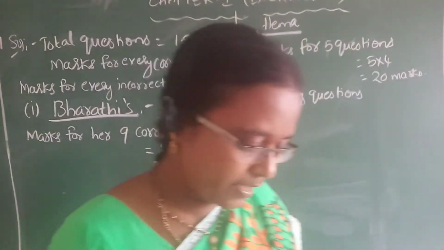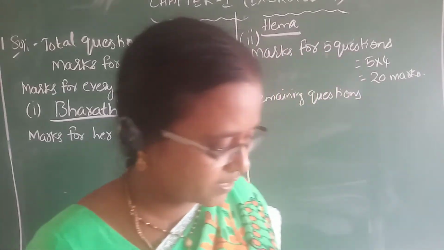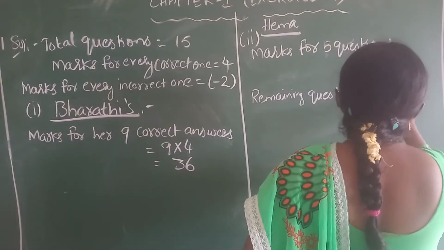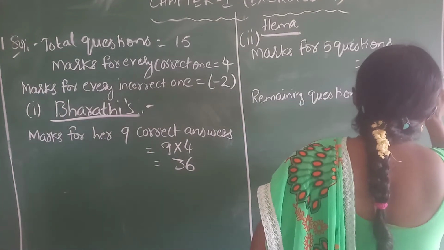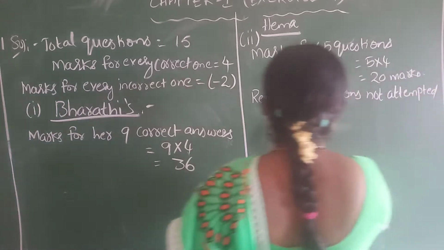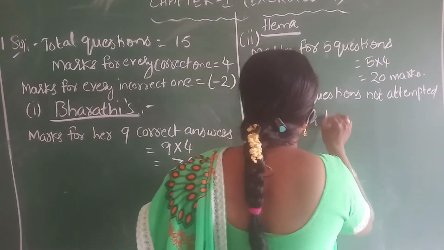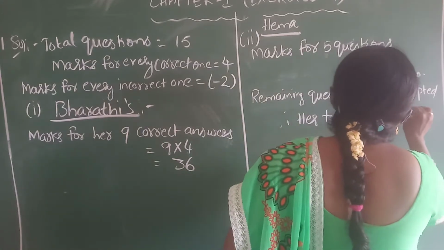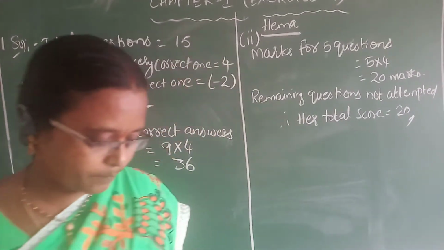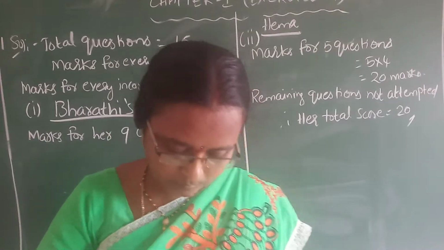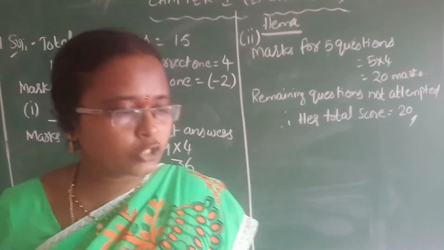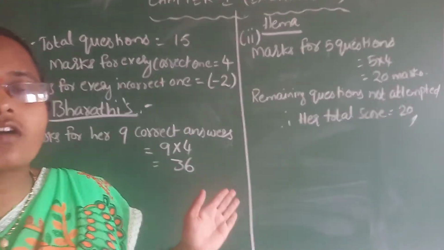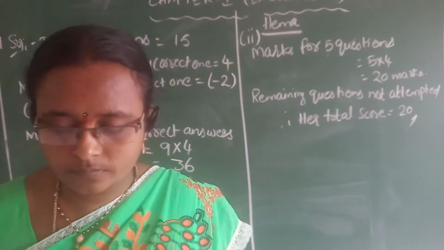One of her friends, Hema, attempts only 5 questions and all are correct. Remaining questions not attempted. So, therefore, her total score is equal to 20. That's enough. Very simple thing. Now, for the next one. So, everyone write down all these answers and solutions in your fair notes.